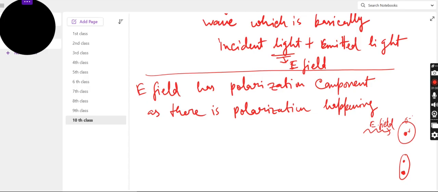And that electron cloud starts oscillating. So the transmitted electric field has a polarized component. So we know Maxwell's equations.